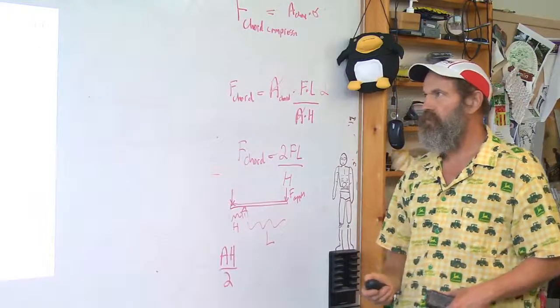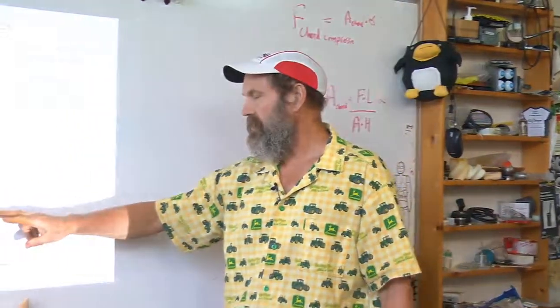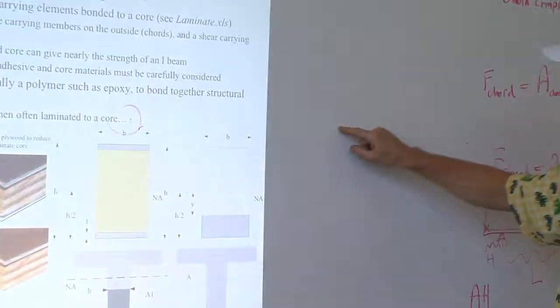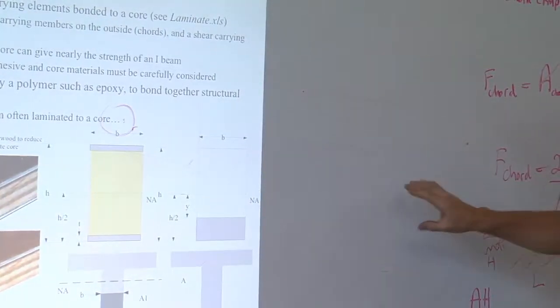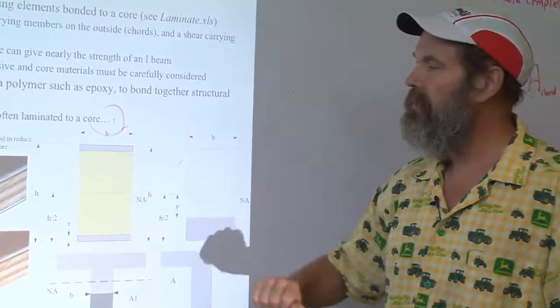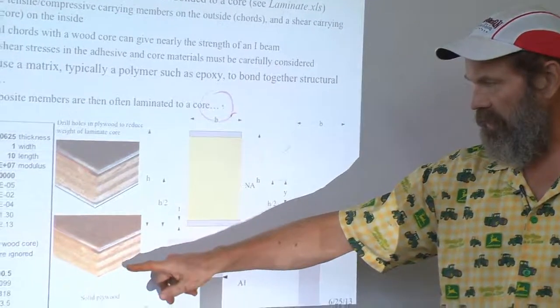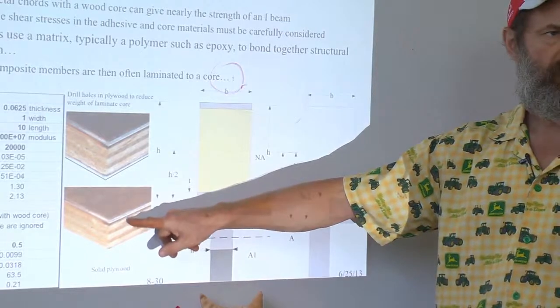Now, from trusses, very similar type of analysis and thinking with respect to the neutral axis and stiffness applies in a composite. Instead of having the bracing, which is those diagonal members, you'll have a solid, and it may just be foam, it may be honeycomb. In the case of plywood, you'll typically have a good layer of wood on the top and bottom and cheaper, softer wood on the inside.